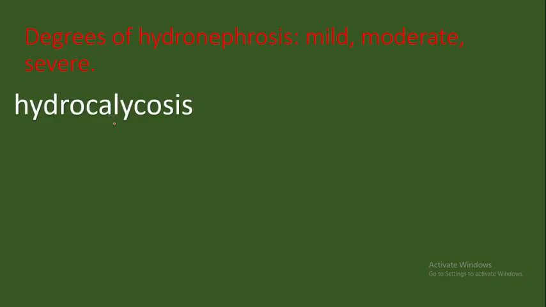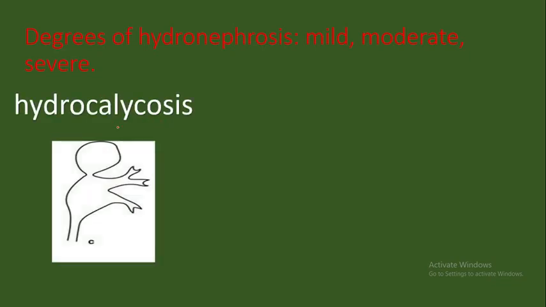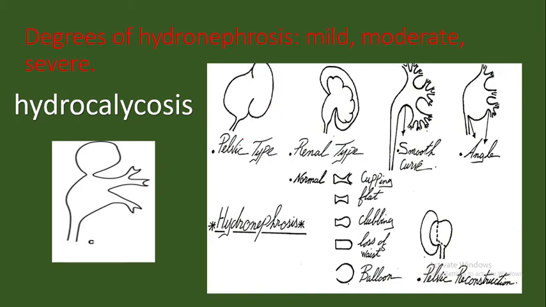What is hydrocalycosis? Hydrocalycosis is the hydronephrosis of one calyx. Here is the renal pelvis, the calyces, one calyx. Hydronephrosis of one calyx. Here we say a smooth curve, normal kidney. Here are the calyces, the renal pelvis.